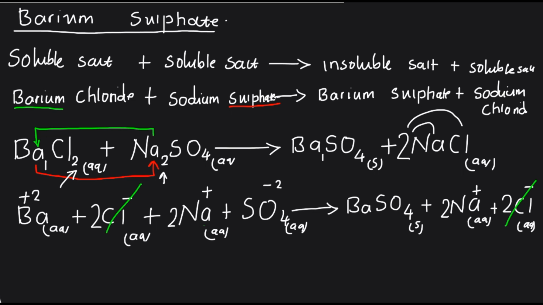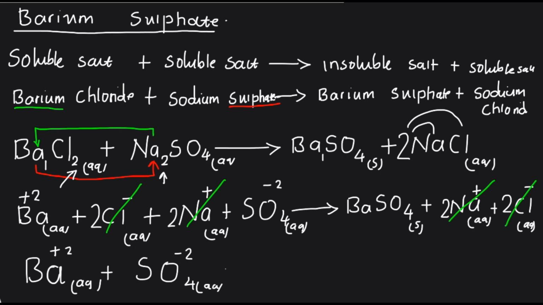Then what else? Sodium is also a spectator. So after you cancel the spectators, you can now finalize your final answer. So for our net equation, you write what remains. So this is our net ionic equation.